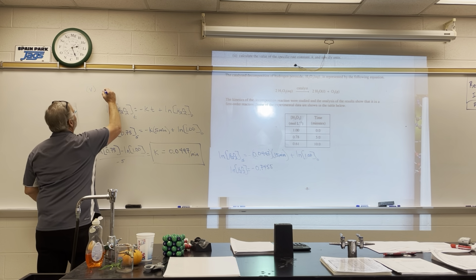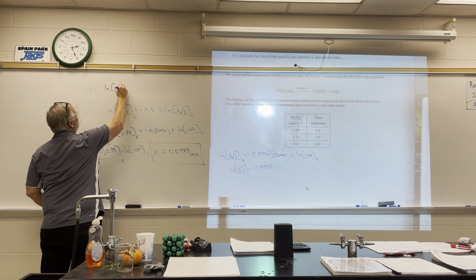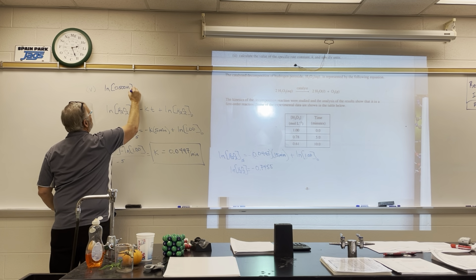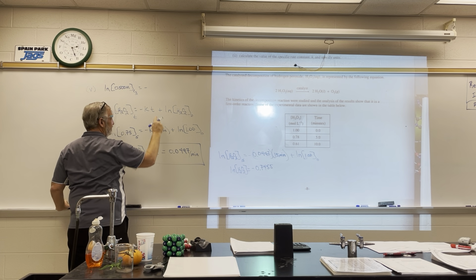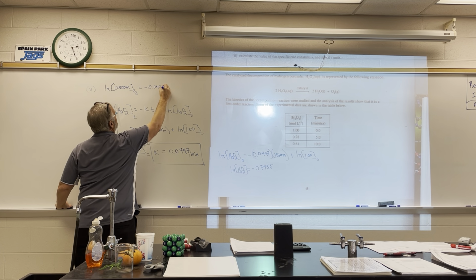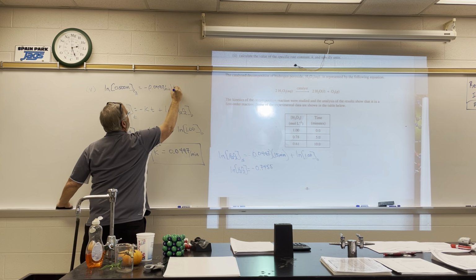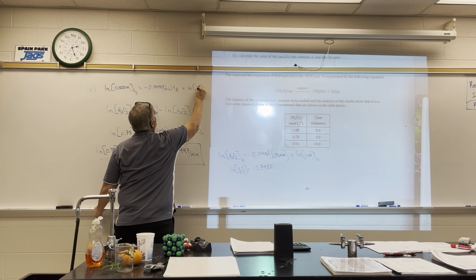That's okay. The natural log of 0.5 molar at T1/2 is equal to negative the same k, 0.0497 per minute, times T1/2, which is what we're looking for, plus the natural log of 1.